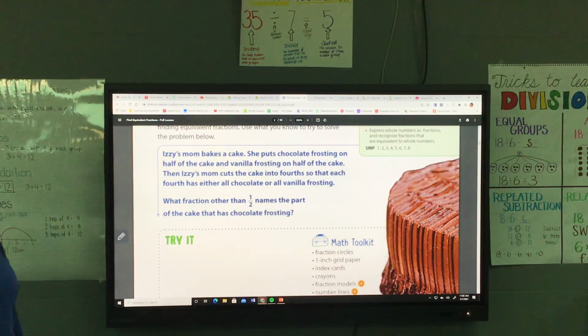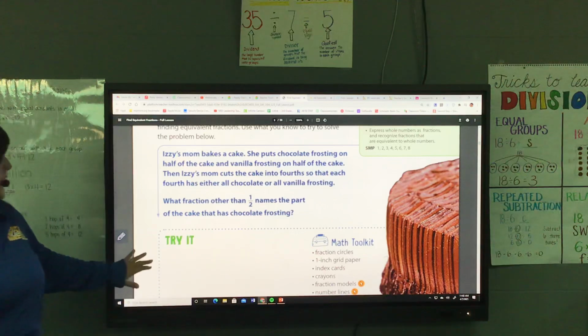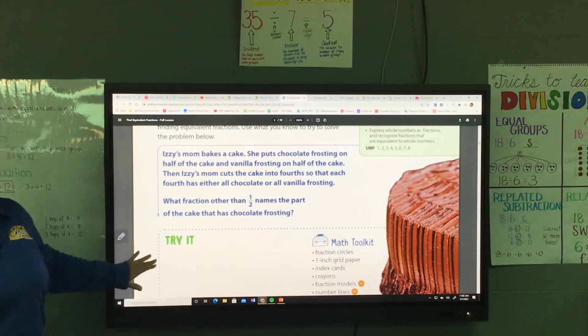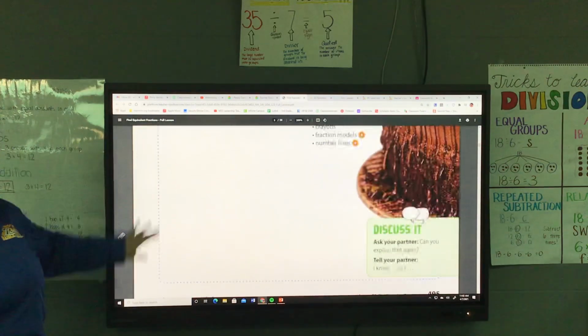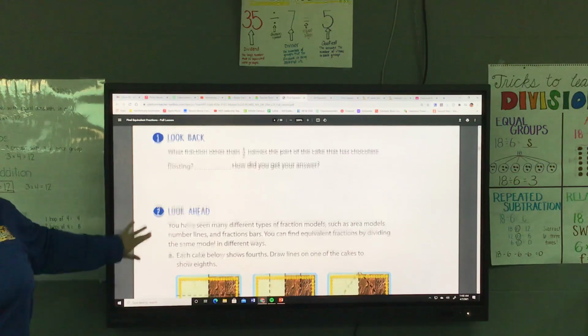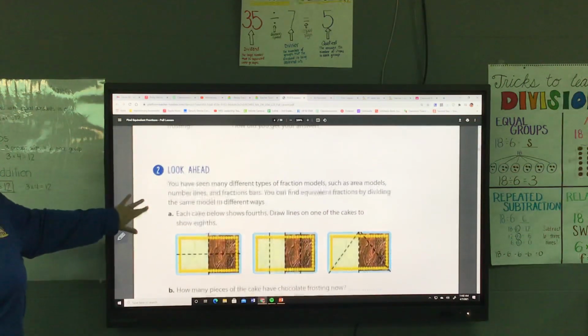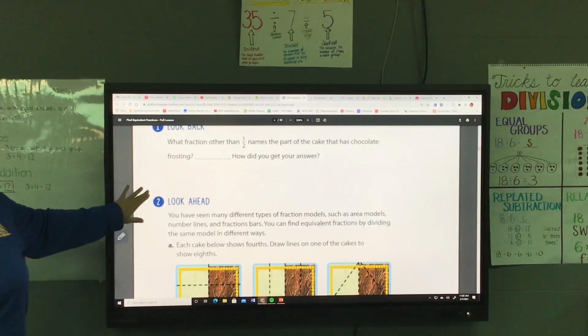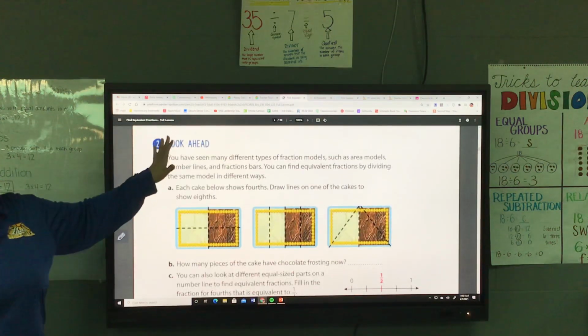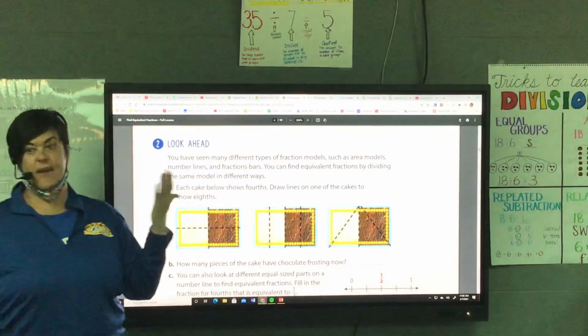What fraction other than 1/2 names the part of the cake that has chocolate frosting? We're going to jump ahead. Let's actually look at this second part on the back side of that page.